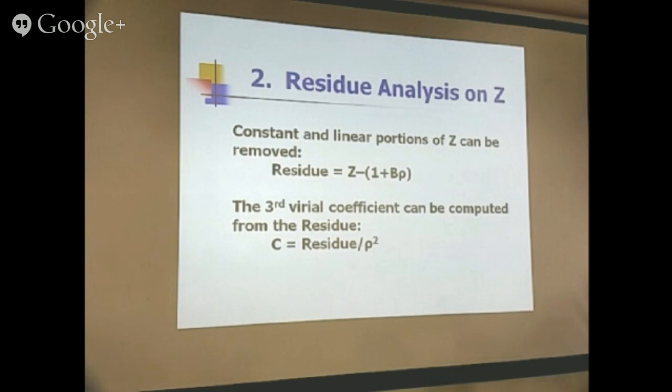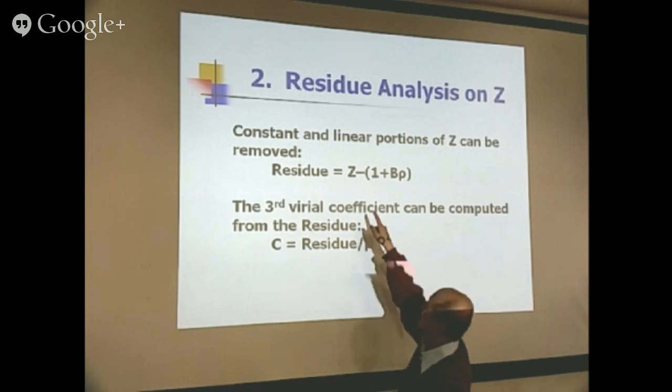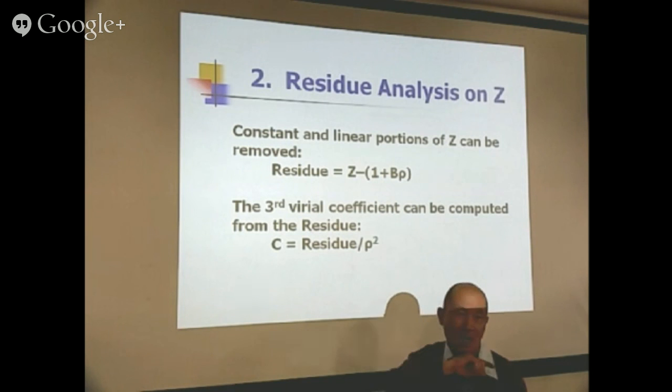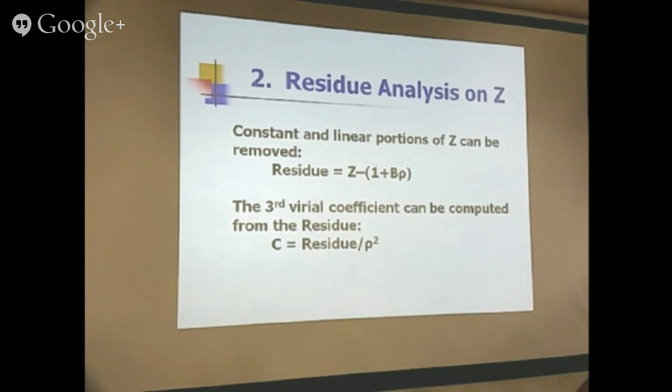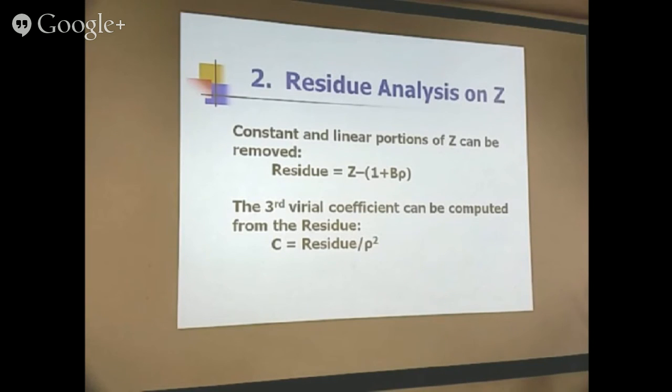So it is very easy for me to get Excel to remove the constant, which is 1, and also the linear portion of the curve. This can be calculated very easily by writing another array formula, and Excel will do it. So remove the constant part and linear part.